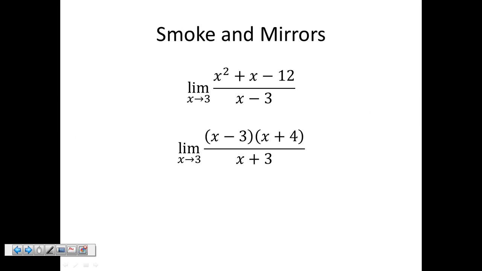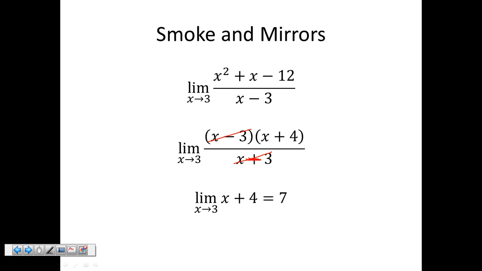What I do is I factor. I do some work at the top, and it turns out that this x minus 3 will cancel with the x minus 3 down here. Now I'm not trying to take the limit of x squared plus x minus 12 all over x minus 3.